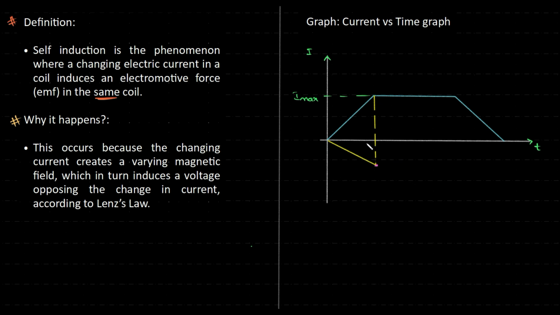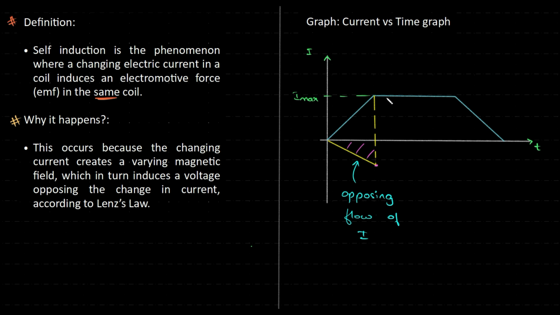So this would be your induced current. So this is your opposing current. Okay, opposing current. We'll write that. This is opposing flow of current.